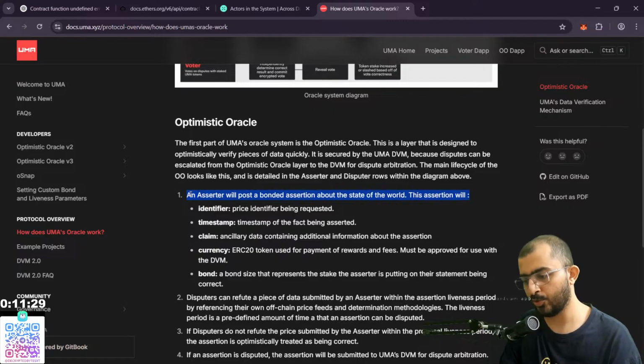the asserter will post a bonded assertion about the state of the world. This assertion will have an identifier, the price identifier being requested, a timestamp, a claim, ancillary data containing additional information about the assertion, and currency, the ERC token for payment of reward and fees, which must be approved for use with the DVM.